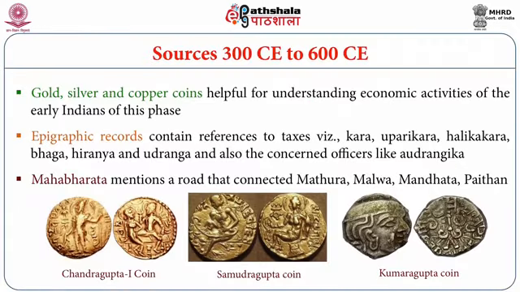Mahabharata mentions a road that connected Mathura, Malwa, Mandhata, Poitan. As I told you earlier, the roads are also important. In this connection, we are also seeing that a road was used by the people in order to carry on their economic transactions between different places.